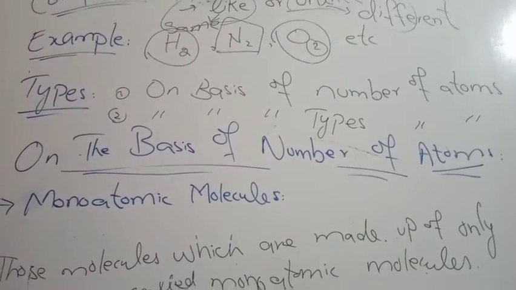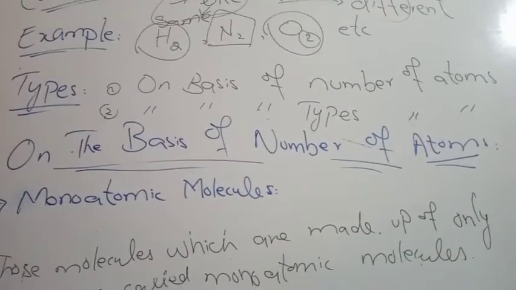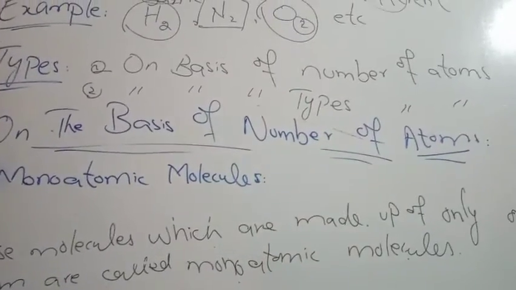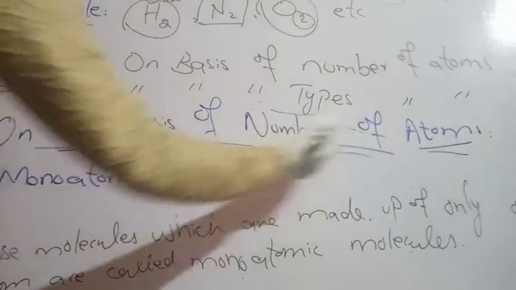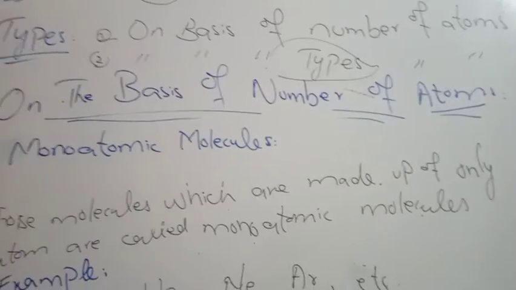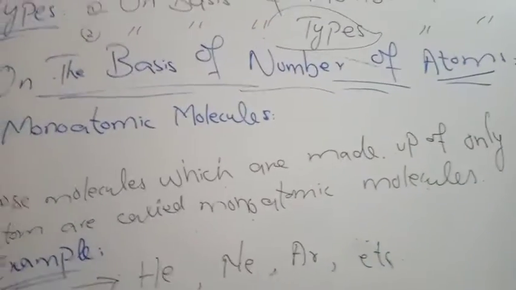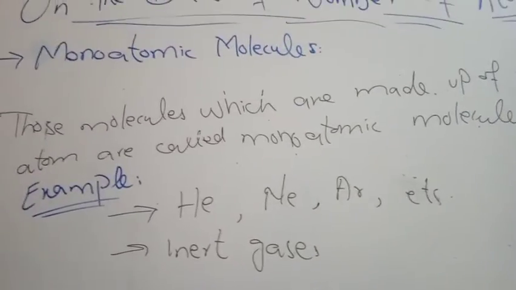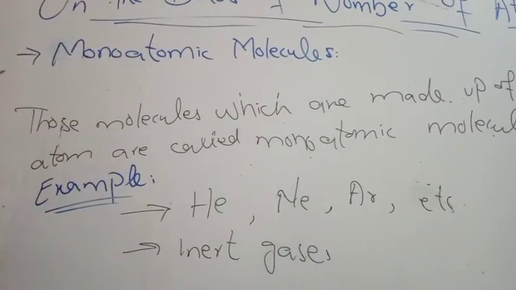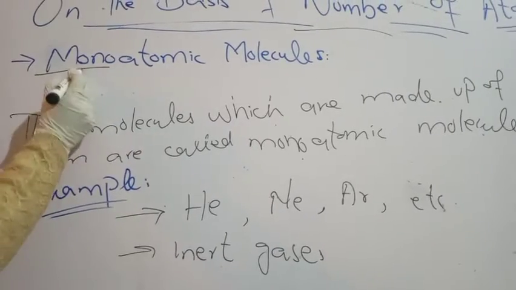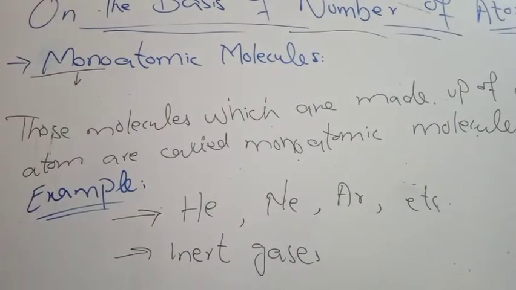Students, we have divided the molecules on the basis of the number of atoms, and as well as on the basis of the types of atoms. First I will discuss the types on the basis of number of atoms. The first type is monoatomic molecules.